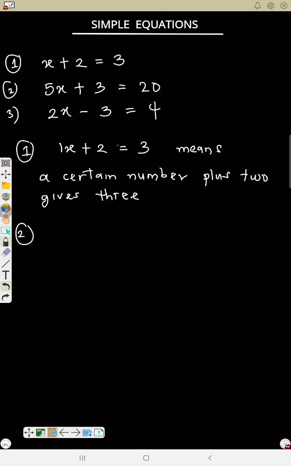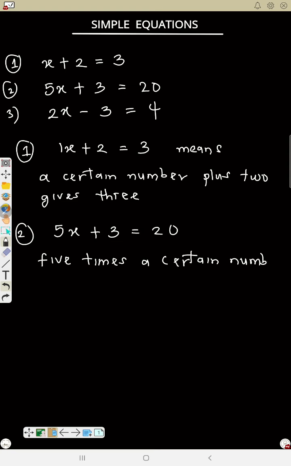Number 2, 5x plus 3 is equals to 20. Now I have 5 here, so I'll say 5 times a certain number, plus 3 gives 20.